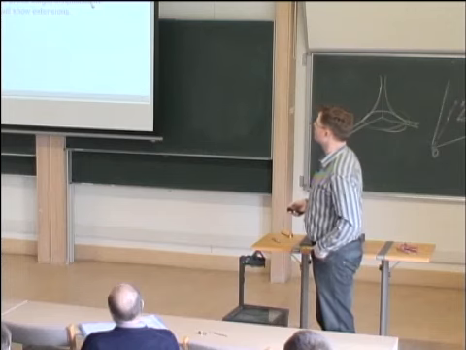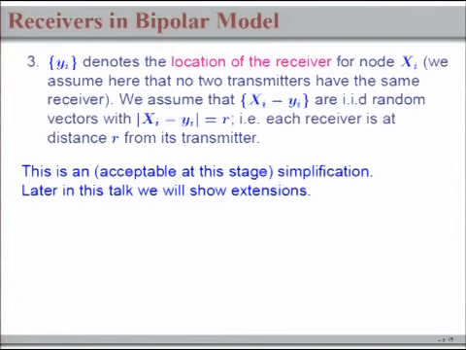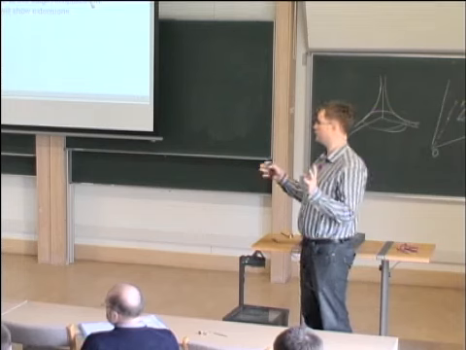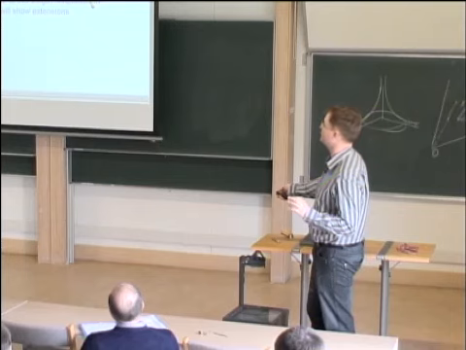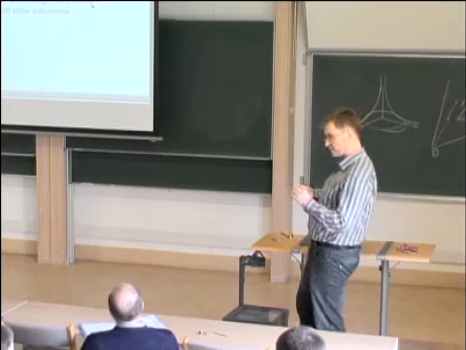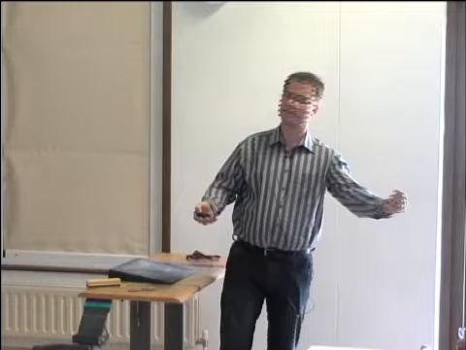Later I'll show you some extensions, but this assumption gives interesting results. For those who like precise formalism, you might consider these y_i as independent marks, such that each mark is a point of the plane at distance r from x_i, and, for example, uniformly distributed on the ring.